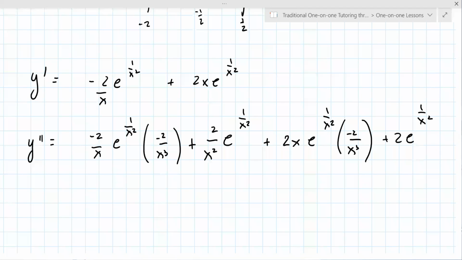So these all have an e to the 1 over x squared in them. And they actually all have a 2 as well. Boy, this is really bad. It's not ideal. So I think you can actually factor out this.